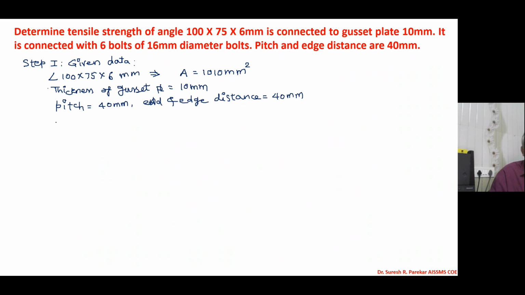Then number of bolts, 6. Diameter of bolt, 16 millimeters. So this is step 1. We have all the given data. Now we will go to step 2.